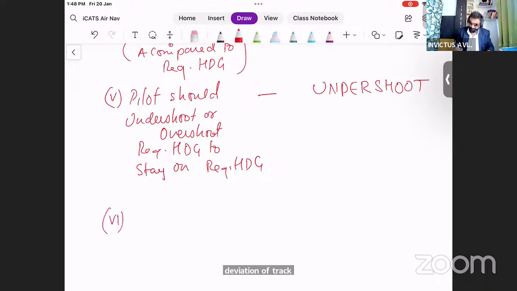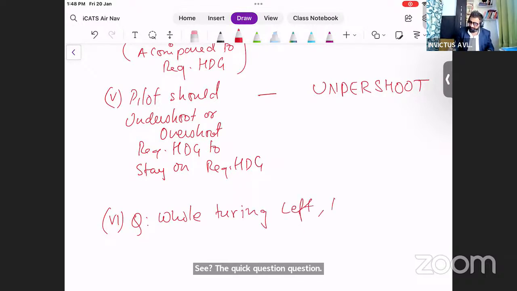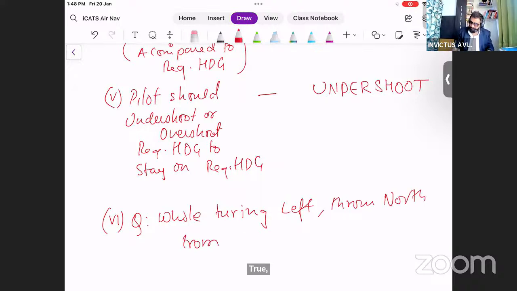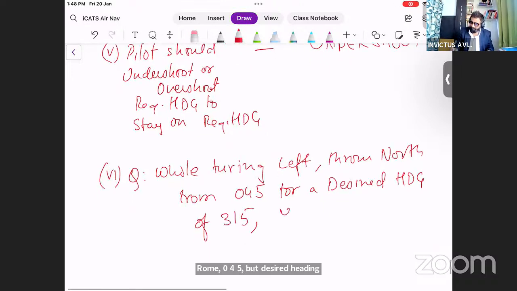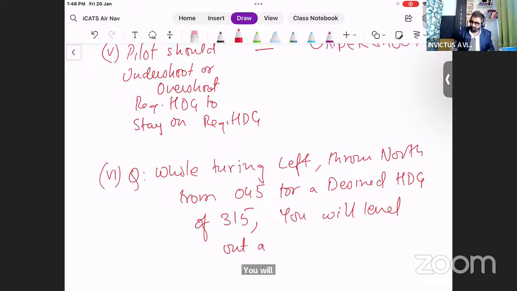See the trick question. Question: While turning left through north from 045 for a desired heading of 315, you will level out at which indicated compass heading?